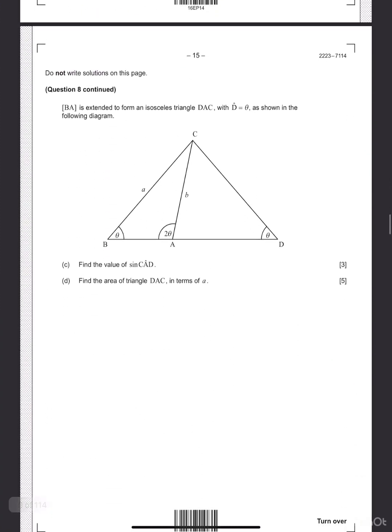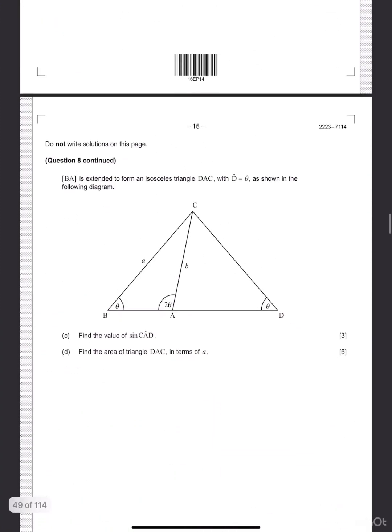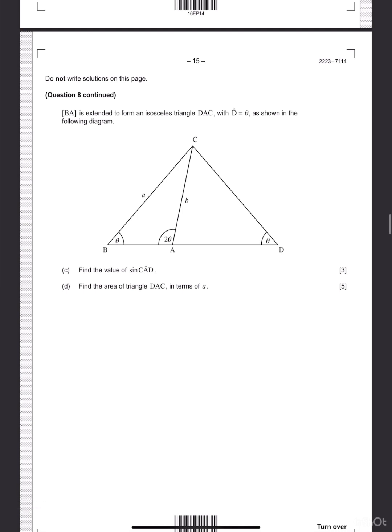For the second part, you can use the sine rule again, but you have to read it. BA is extended to form isosceles triangle DAC. So this is an isosceles triangle. We can consider this is A. And for the big triangle BCD, with theta and theta, it is an isosceles triangle also.